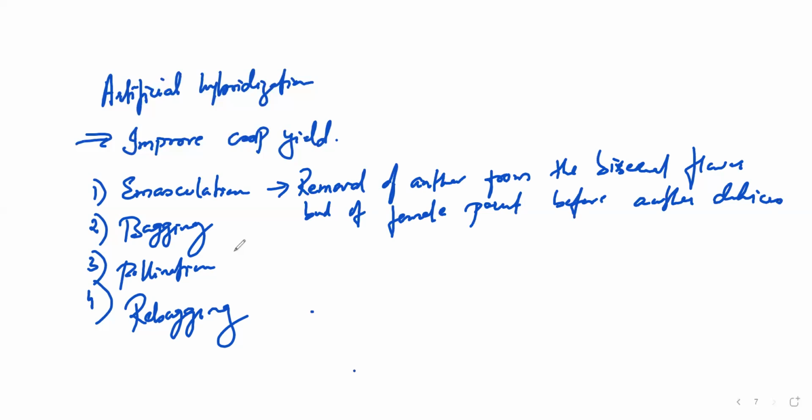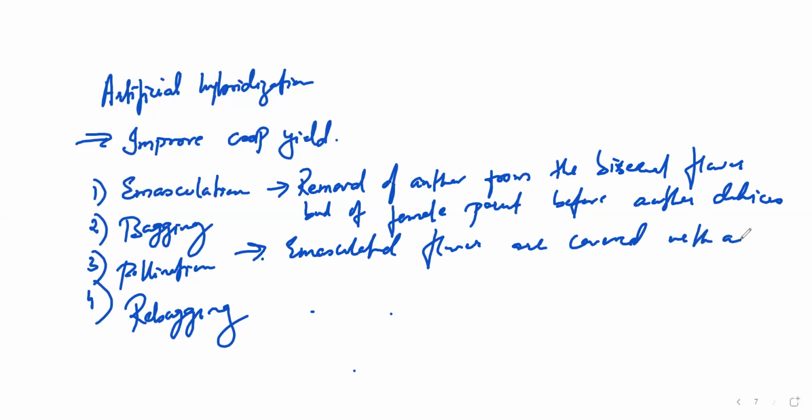Then you have the bagging process. So bagging means whatever emasculated flowers are there, from which the anthers have been removed, they are covered with a bag, so that the rest of the unwanted pollen grains will not go and attach to those emasculated flowers.